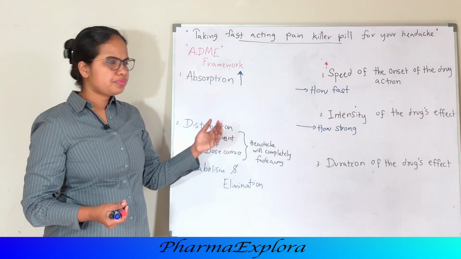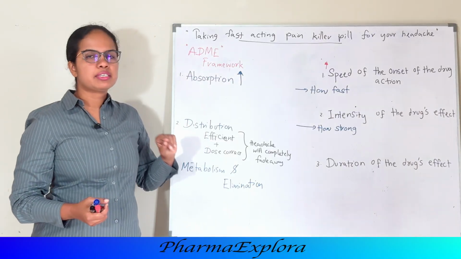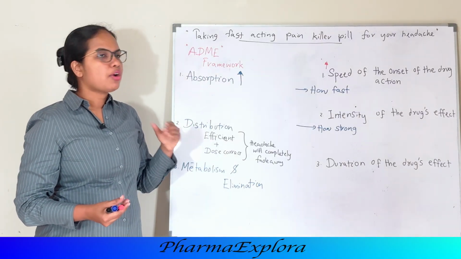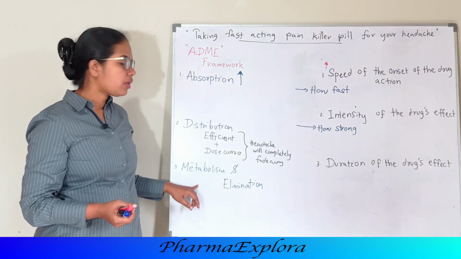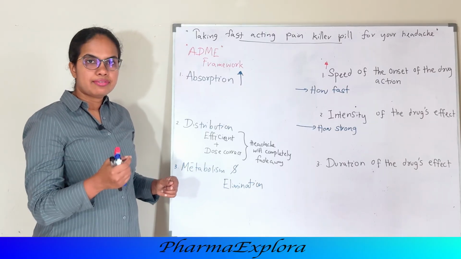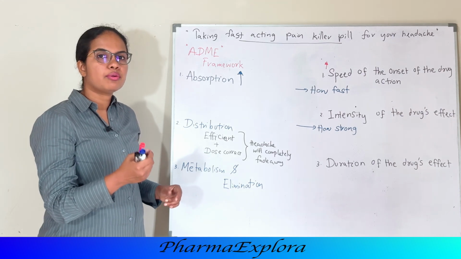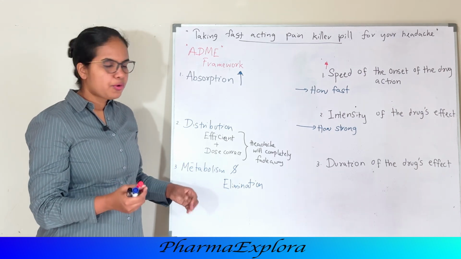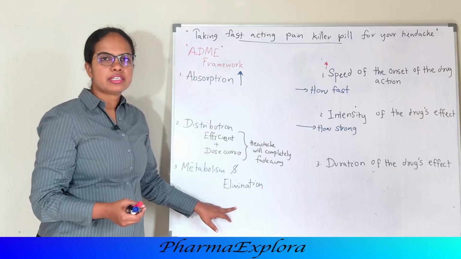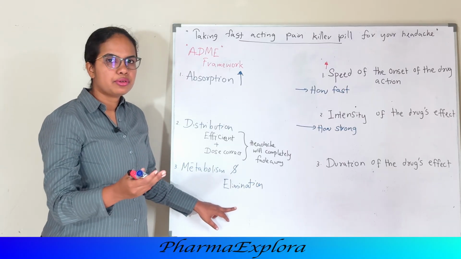Now we know in our case we are taking a fast acting painkiller pill for headache. What will happen? These drug molecules go to the liver and it will metabolize into its metabolites or its inactive form, and it will be eliminated through the kidneys via urine.